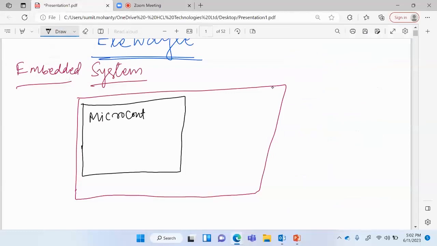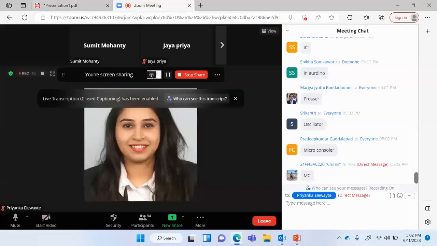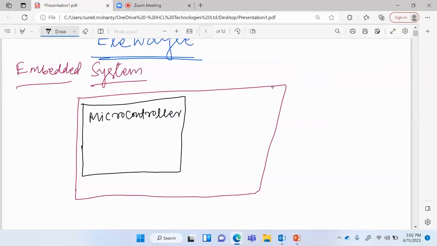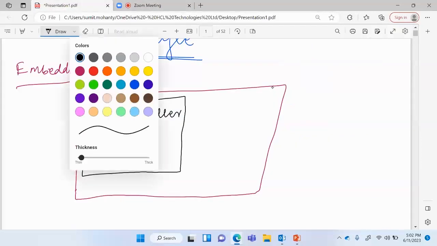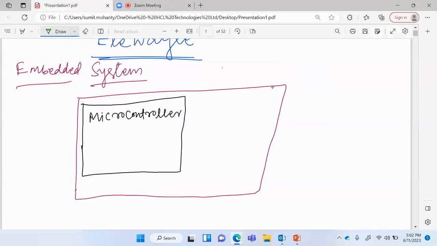I hope all of you have heard about this particular word. The heart of the embedded system is a microcontroller. Have you all heard about this? So when you say processor, the processor is one important or major part of the microcontroller.